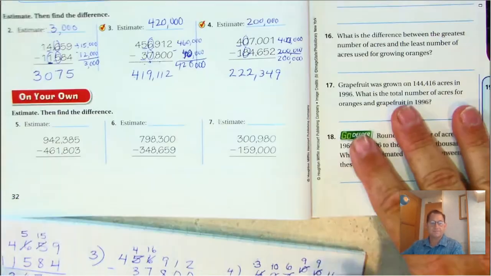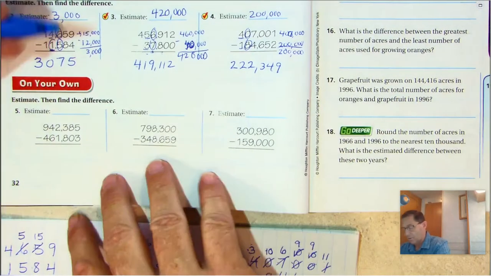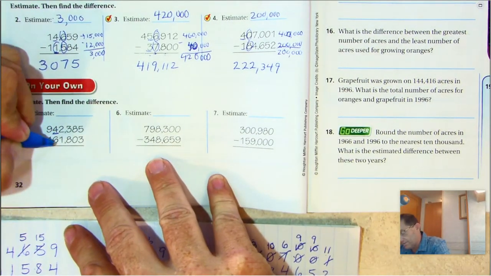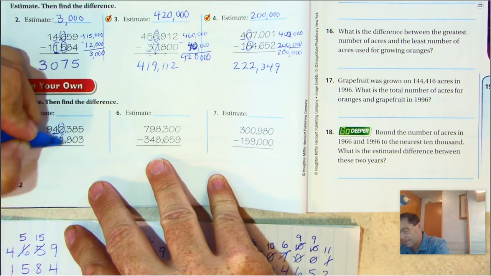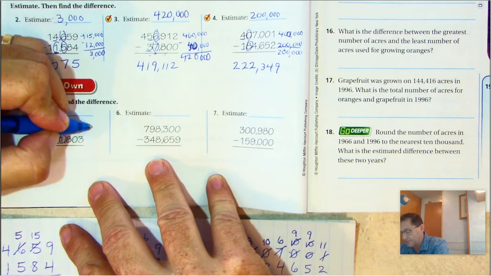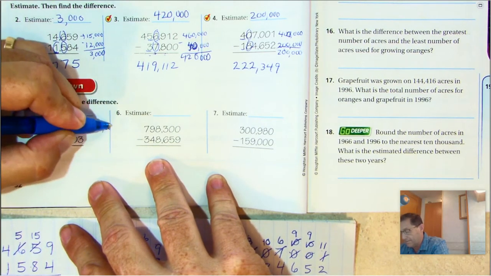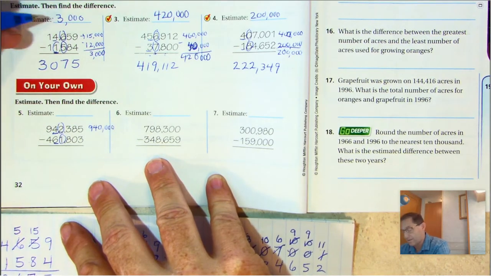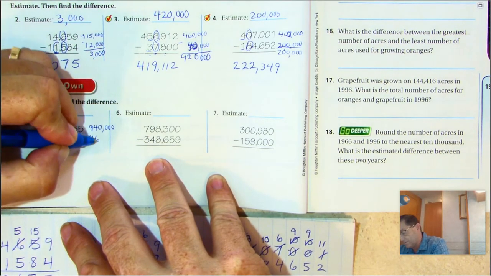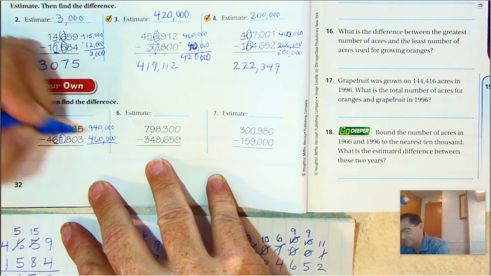Okay, number 5. So our estimate, this time I will round to the 10,000s. So 942,000 is close to 940,000. 461,000 is close to 460,000.